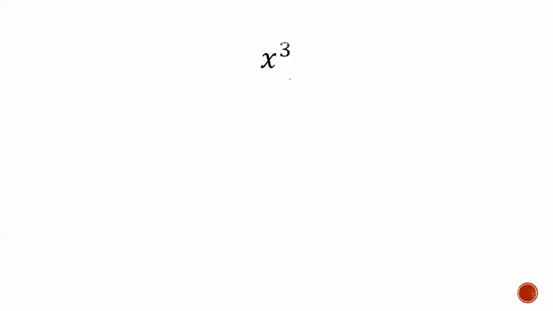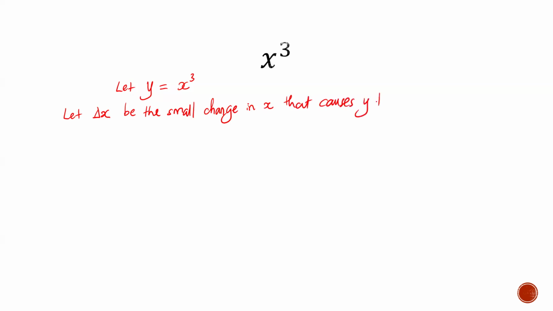Okay, we could look at other examples. We could try this for x cubed. We could let our y equal x cubed, and then what we do is we let delta x be our h in this case. So we'll let delta x be a small change in x, that causes y to change by delta y.